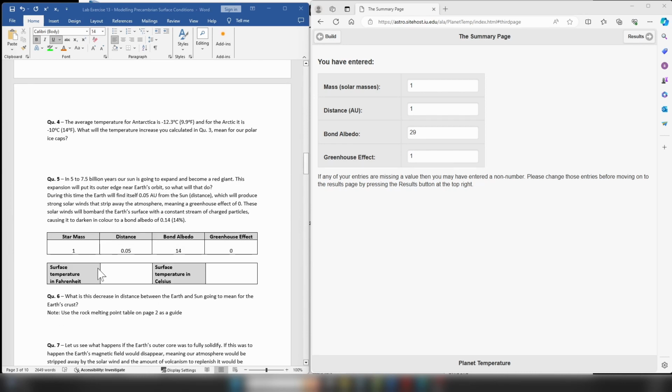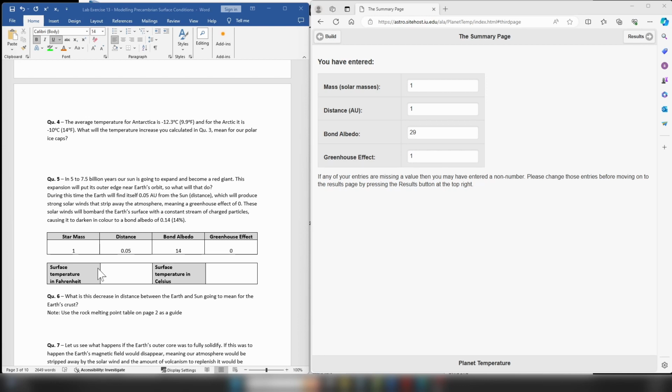So now for question 5, we are going to look at a slightly more extreme situation. Just for interest's sake, we're going to think about what's going to happen towards the end of the sun's life. We know that our star is not big enough to go supernova, but we do know that when it gets towards the end of its life, it is going to swell in size and become a red giant.